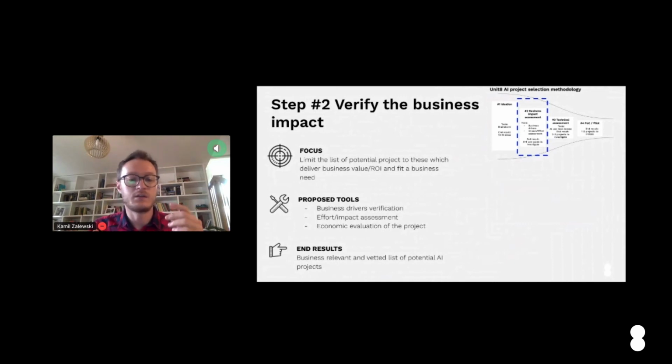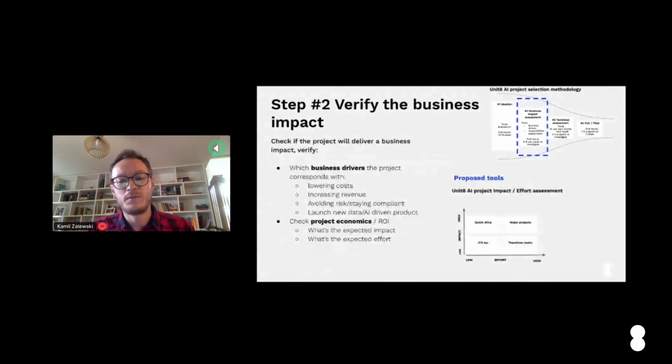We're trying to verify if the ideas for the projects do align with the business drivers that you have. We have some simple tools like the impact to effort assessment, and several other things that allow us to trim down the initial list from 10 plus ideas to something like 5 ideas.